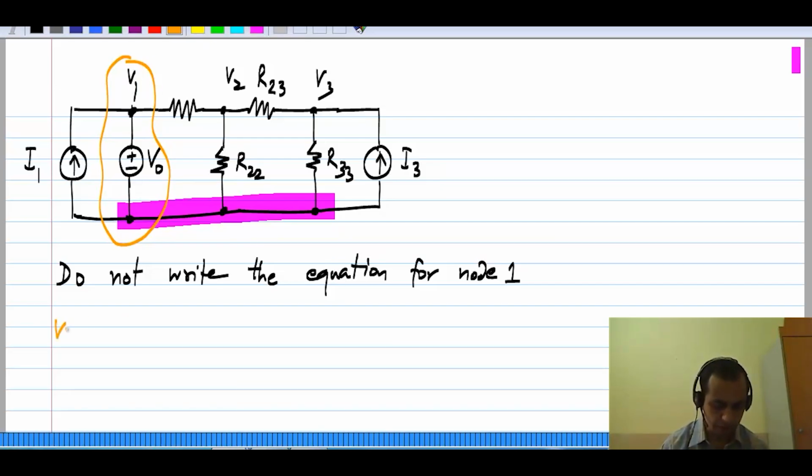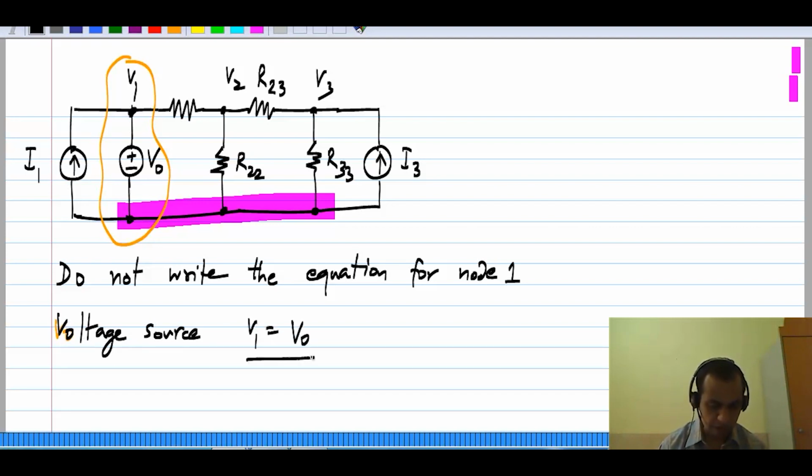The voltage source constraint tells you that V1 equals V0. So essentially this node voltage is already given to you. It is equal to V0 and you don't have to solve for it. So you don't write the equation for node 1 and you just write equations for nodes 2 and 3.